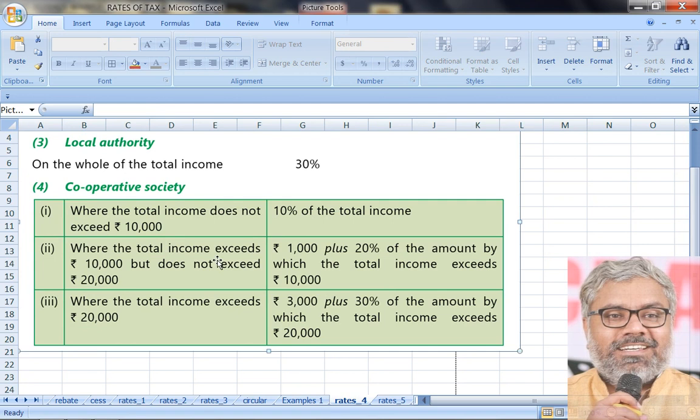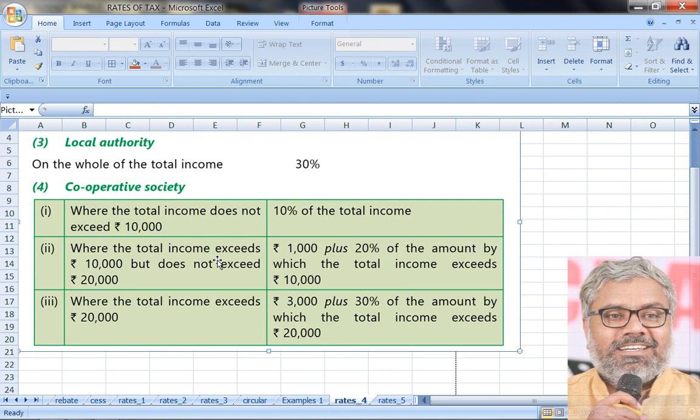So first slab is up to 10,000, 0 to 10,000. So 0 is no tax. Starting from the first rupee itself, tax liability will start. Of course, rounding off to 10 rupees will not make any sense if it starts from the first rupee itself. So don't worry about 1 rupee and all. Basically, any reasonable amount over 0 up to 10,000 rupees is taxable at a rate of 10%.